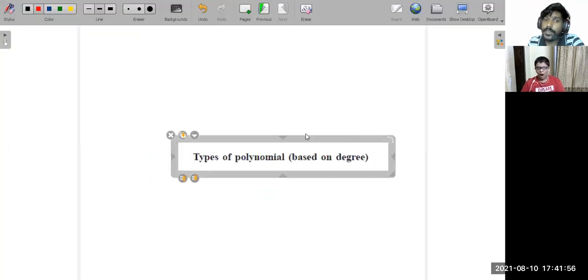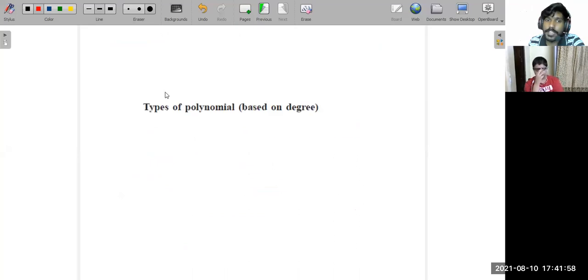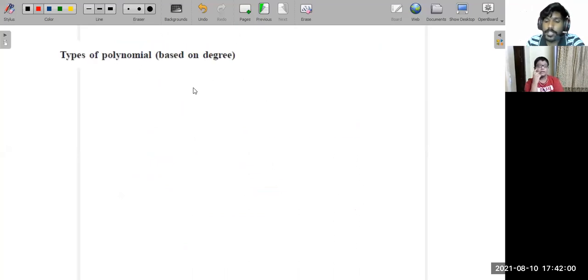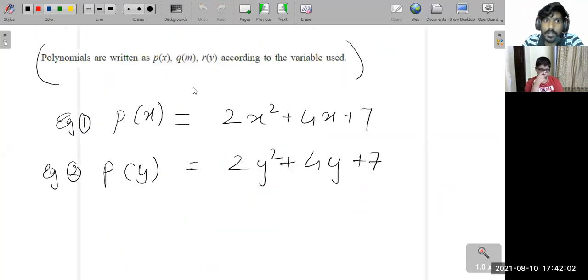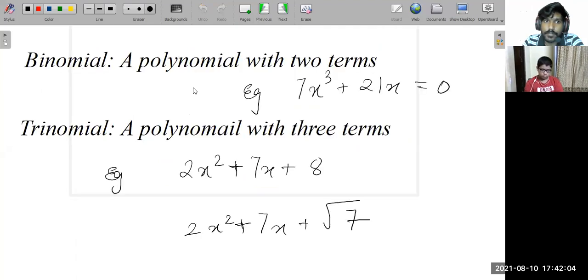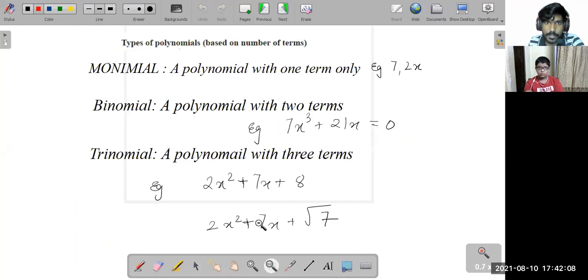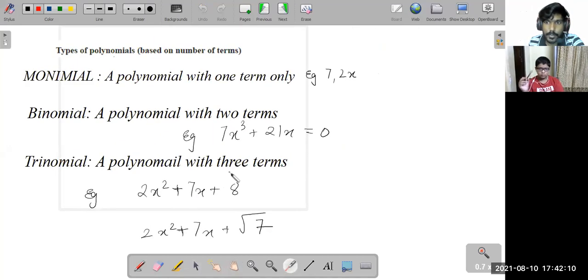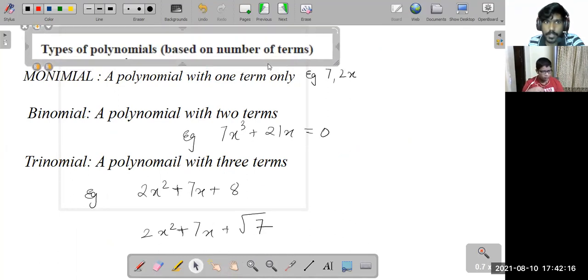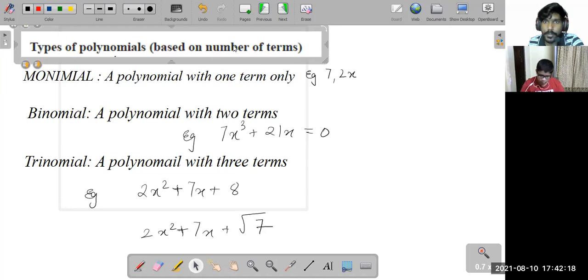The first time you wrote types of polynomial, make sure you have written in the bracket, based on terms. Types of polynomial, in the bracket, based on terms.